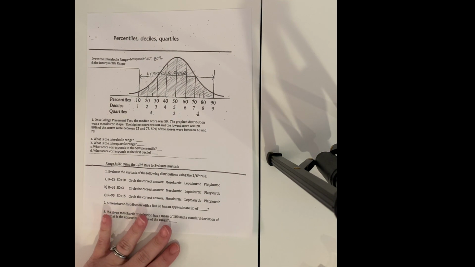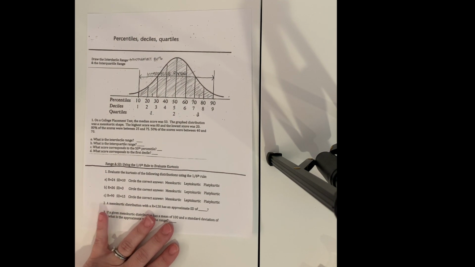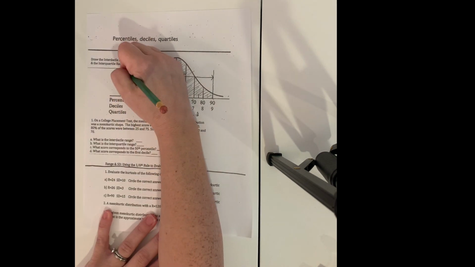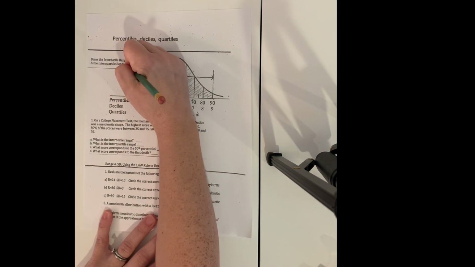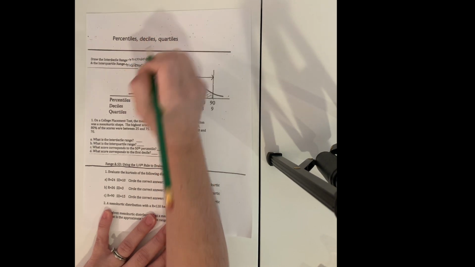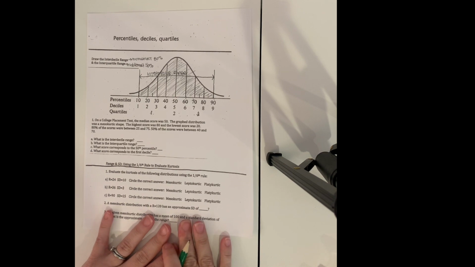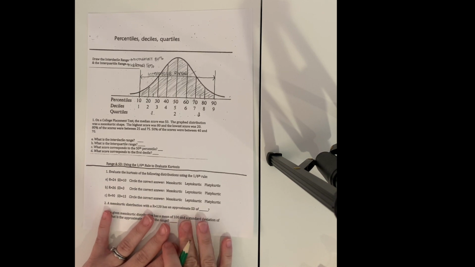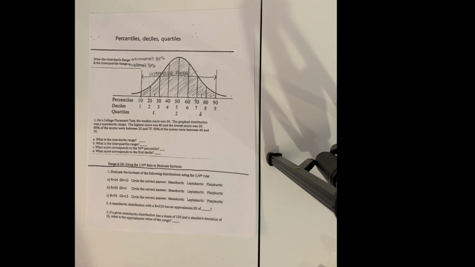And then we have the interquartile range, which is going to make up the middlemost 50% of the curve. So I'm going to write myself a note so I don't forget that. Middlemost 50%. We're just talking about different ways to divide up the curve, chop it up, look at it from this point to that point.